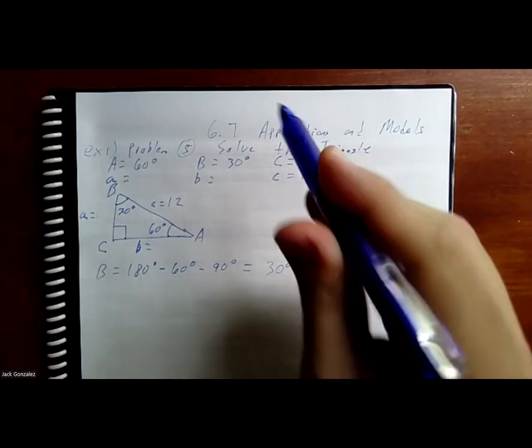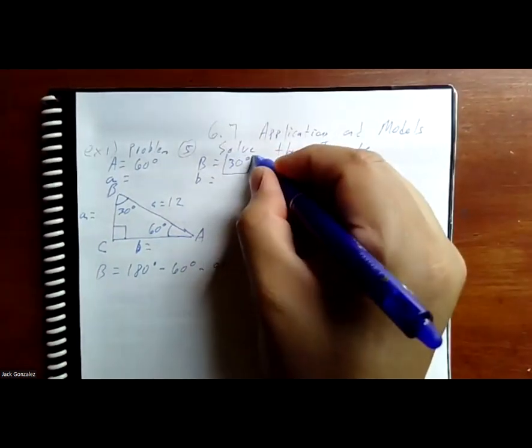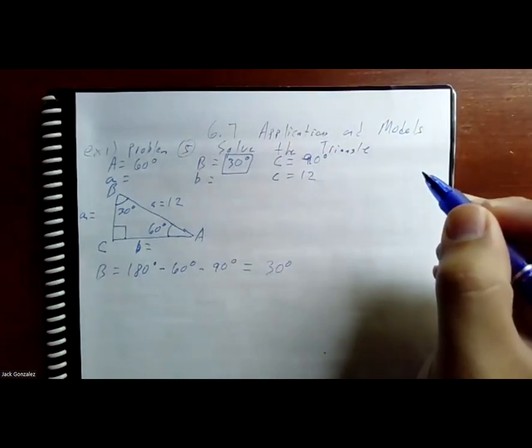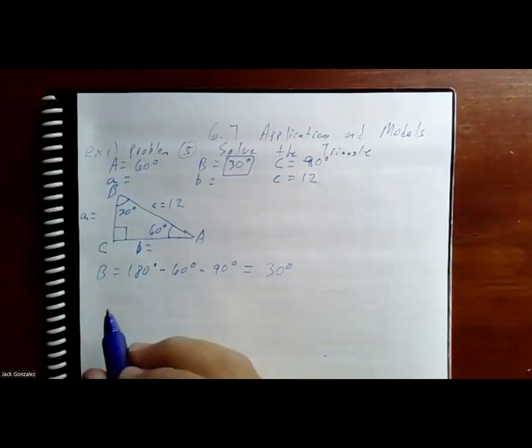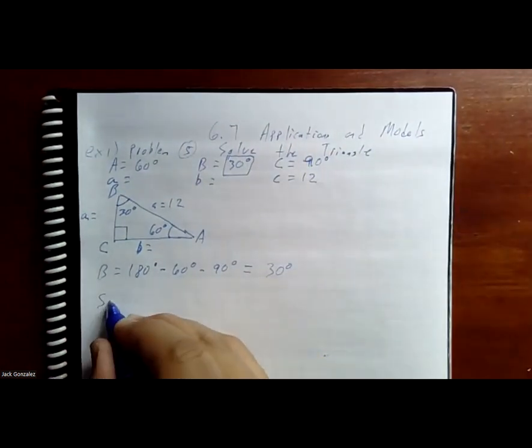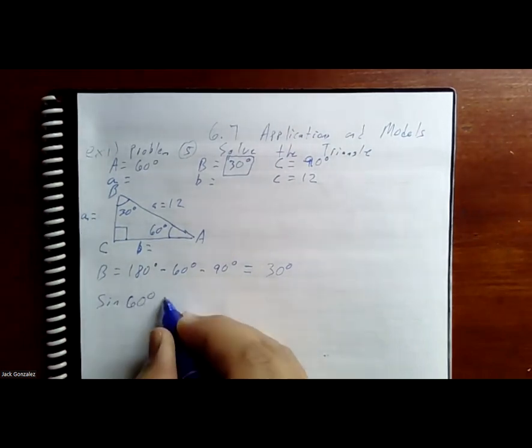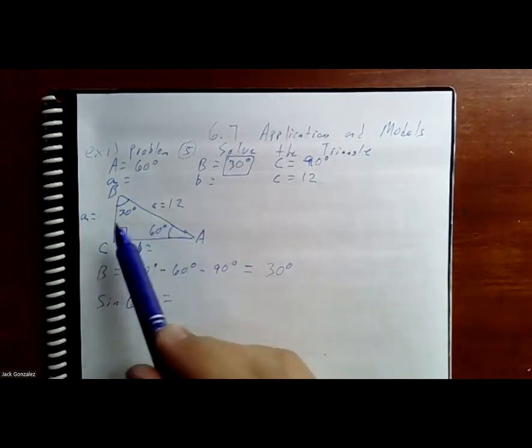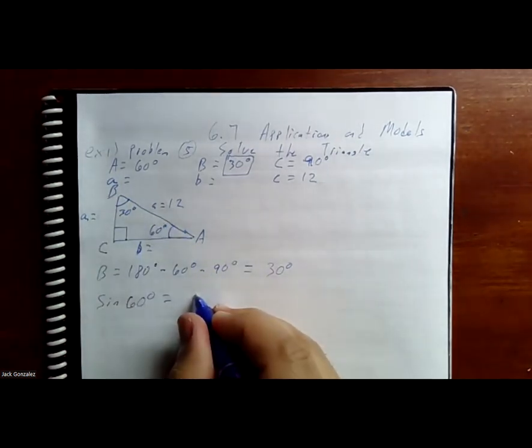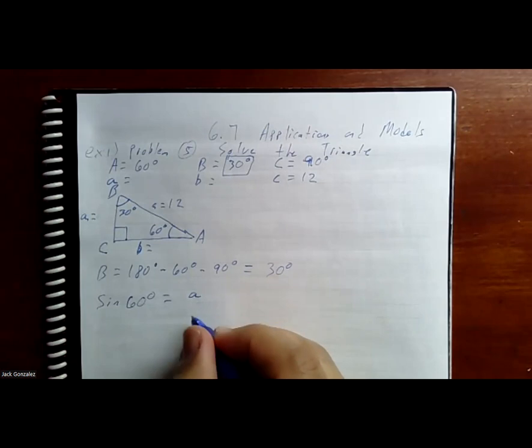Okay. I'm gonna box the ones that we found. Okay, so this is what I'm thinking. I'm gonna choose sine of 60, just because. So now opposite is A over hypotenuse.